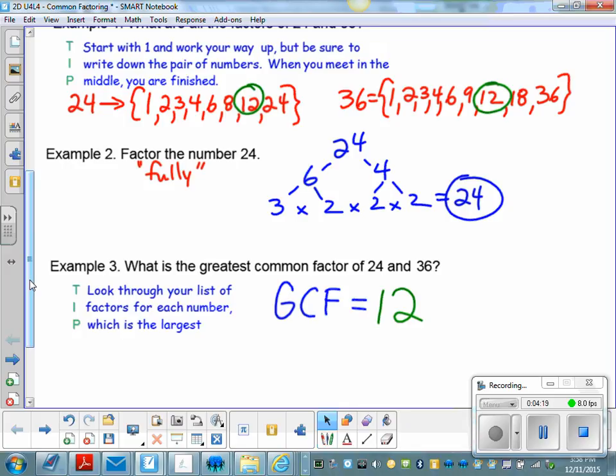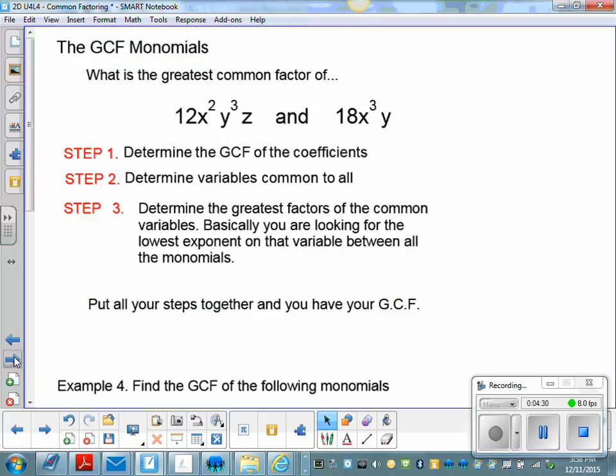So 12 is the biggest number that divides evenly into 24 and 36. Now, we're going to be working with numbers and letters, but we look at the numbers first so you get an idea of what it is we're talking about.